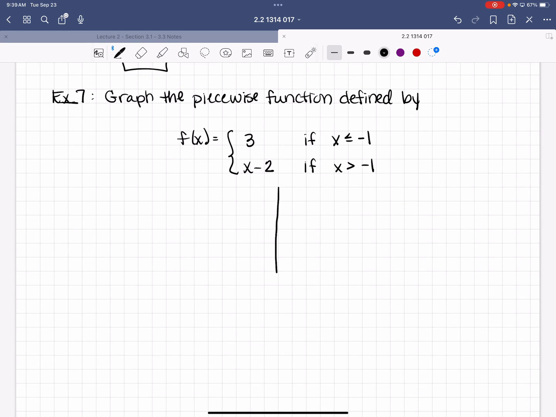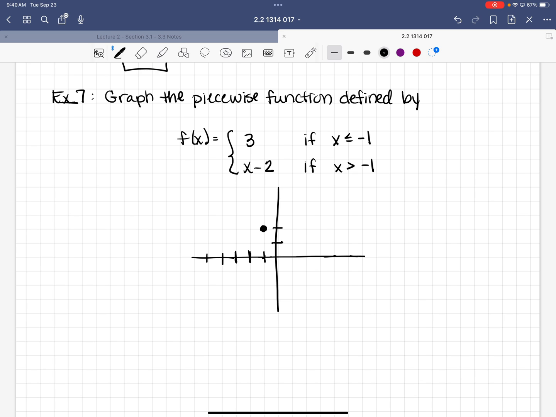Here we go. I'm going to take care of the top one first. It says when x is less than or equal to negative 1. Here's x less than negative 1 over here, and here's x equals negative 1. It says y is going to be what? 3. So at negative 1, it's 3.